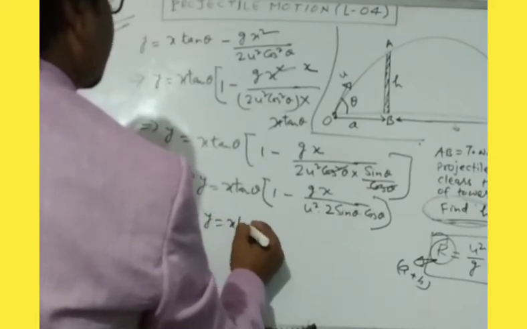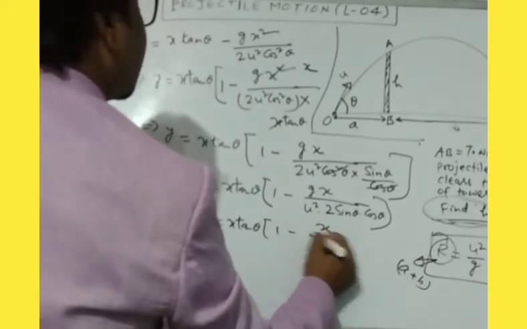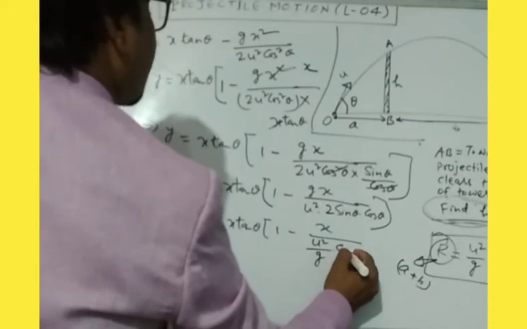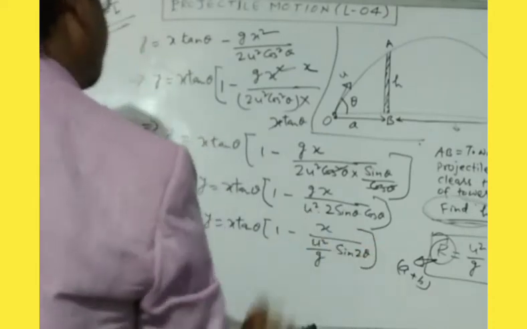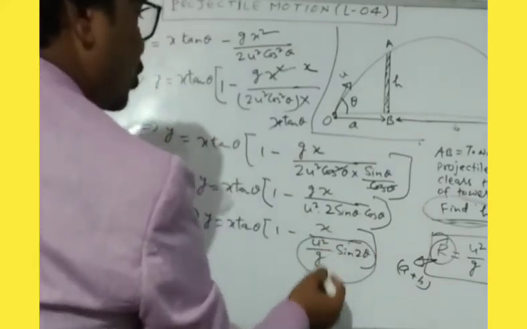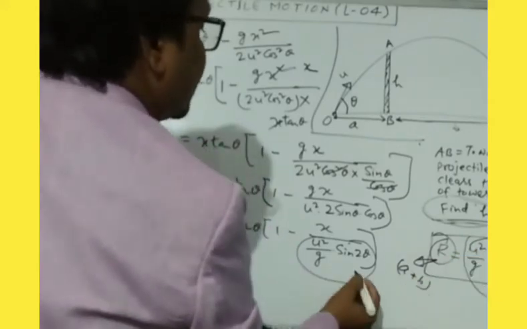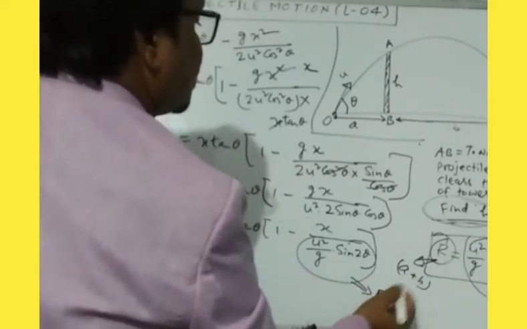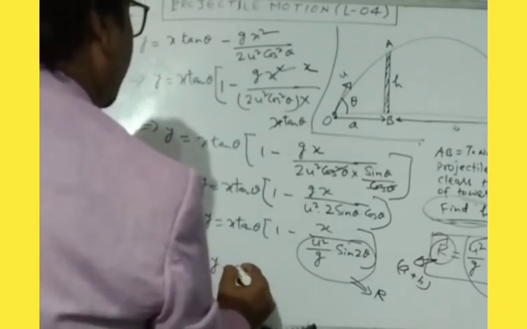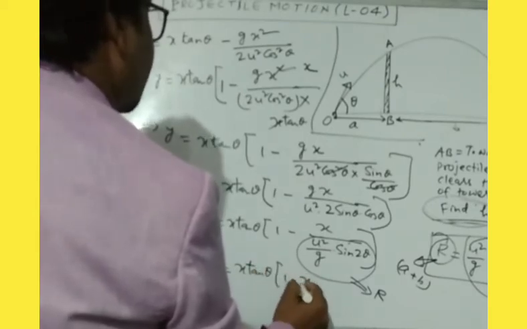So y equals x tan theta into 1 minus x upon u square upon g sine 2 theta. This term u square upon g sine 2 theta is equal to R. So you can write y equals x tan theta into 1 minus x upon R.